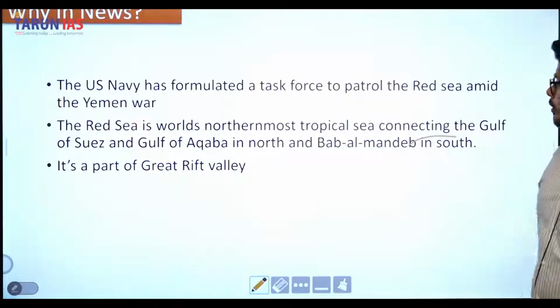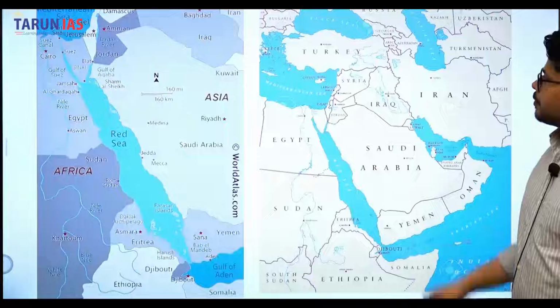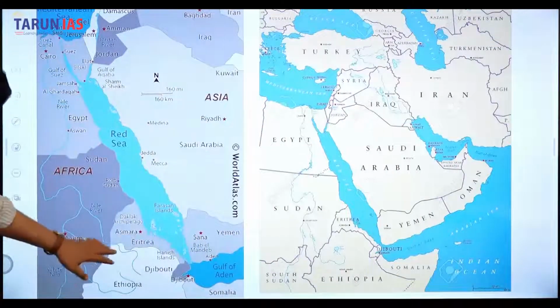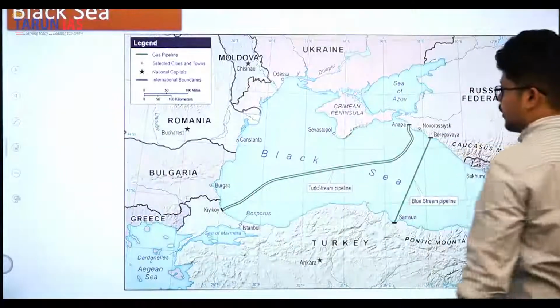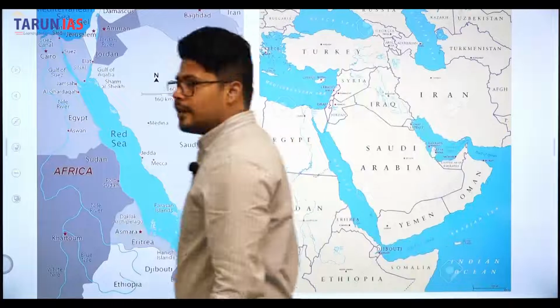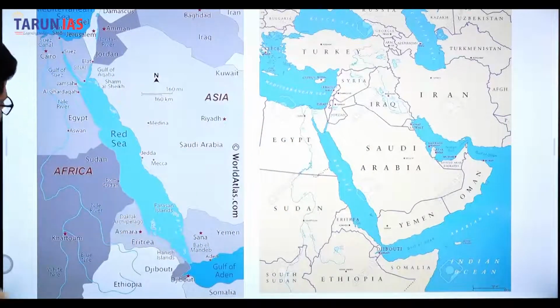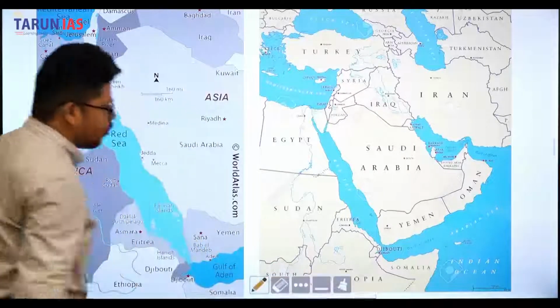Now let's have a look at the maps that we are all waiting for. See, this is the Red Sea, and first let's have a look at the rift. I think I have missed adding the rift to this, but you can see how this rift was formed basically.